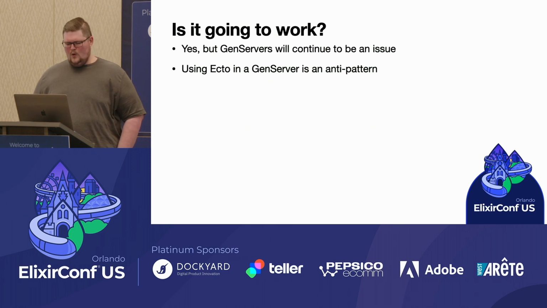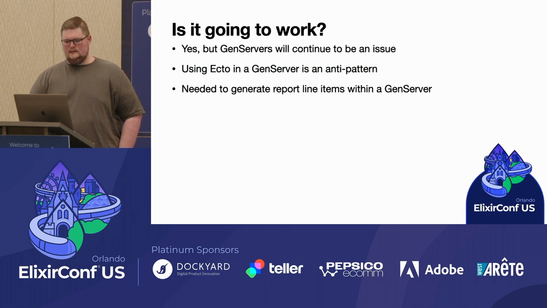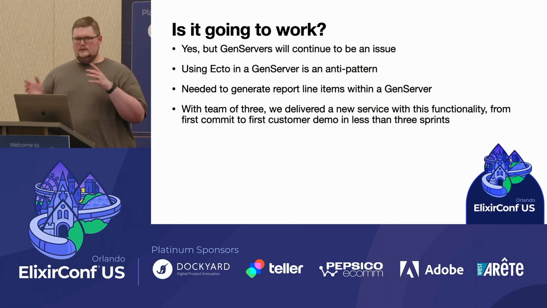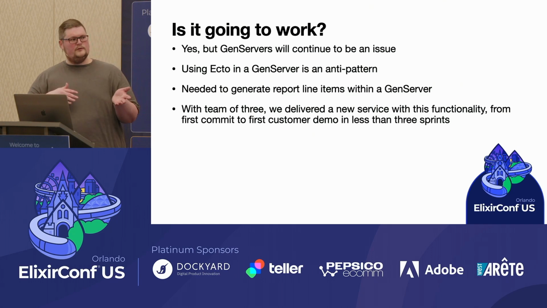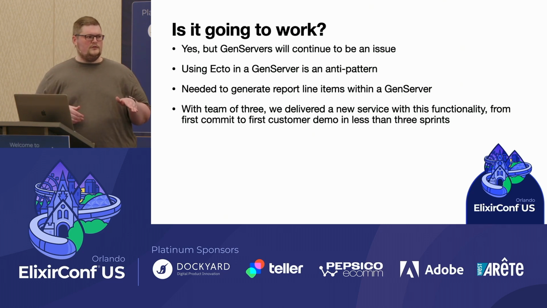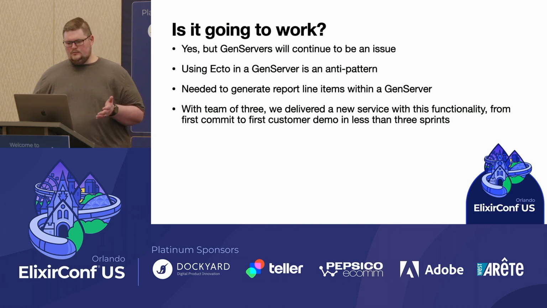And that's ultimately why we went in that direction. And real quick before going to the next lesson learned, like I mentioned earlier, we were a team of 3. We're a very small team. We started building this service from scratch, from first commit, without knowing that this requirement was coming in until halfway through, and got this worked in to the first customer demo within 3 sprints.